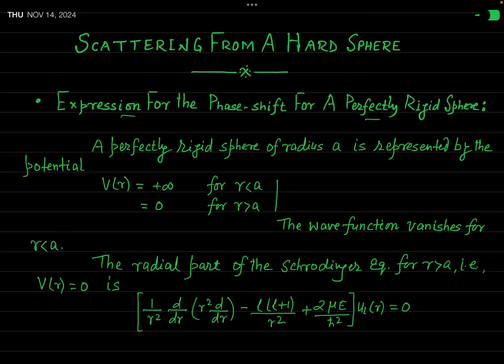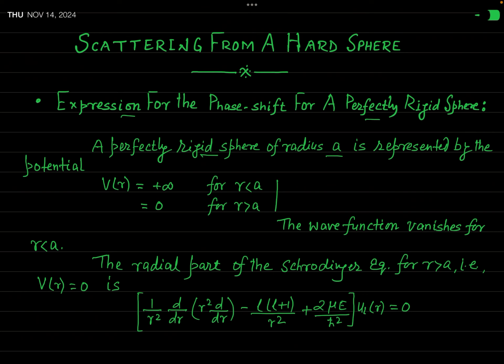In fact, when you talk about a perfectly rigid sphere, let us say of radius a, in quantum mechanics, we represent this rigid sphere by a potential function which is defined like this.